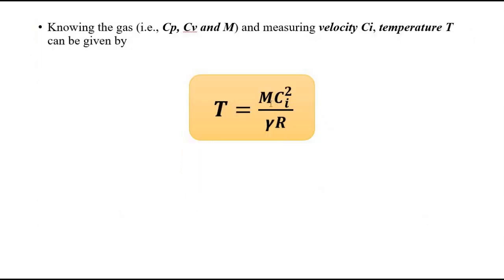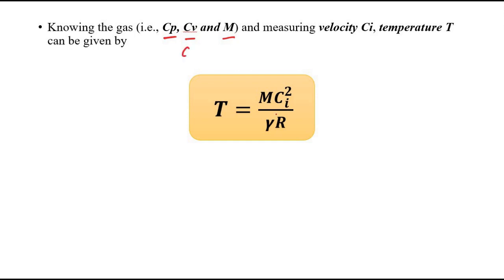Squaring both sides, we get MC square by gamma R. Now from the gas we can calculate specific heat at constant pressure. For each gas these are constant values: molecular weight, specific heat at constant pressure, and constant volume.